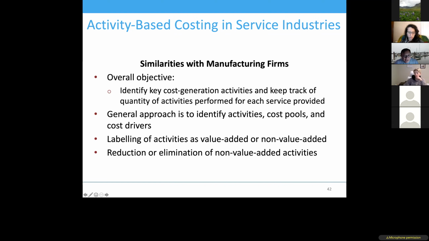Here they are using a slightly different word, cost generation activity, maybe to distinguish it from the manufacturing company. Similar approach: you identify these activities, the cost pools, and the cost drivers. Then you figure out the value added versus non-value added activities, and your goal is to reduce and or eliminate the non-value added activities, right?